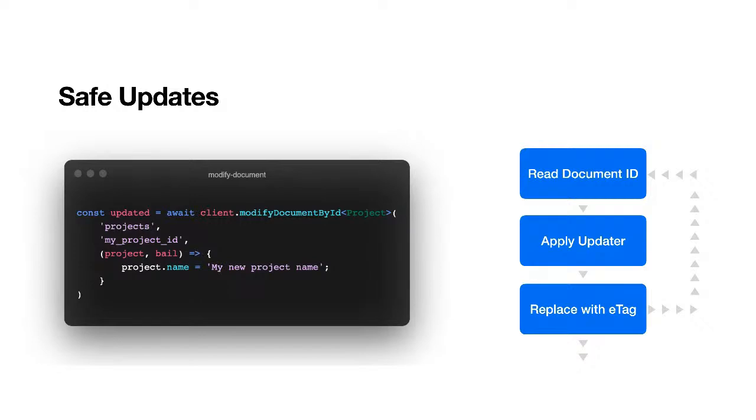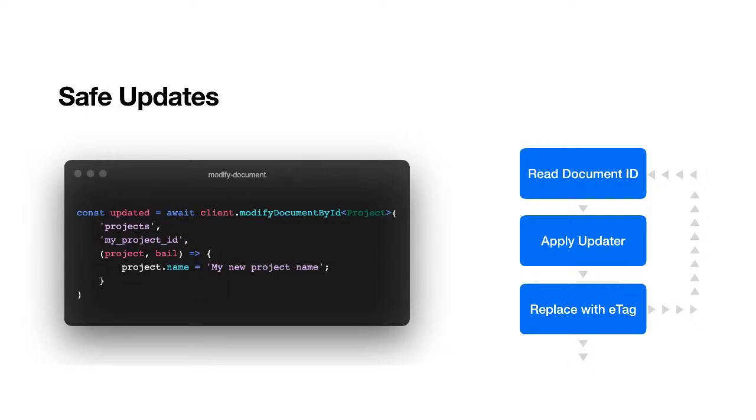Say that you have this scenario where you are reading a document and then you update the document locally and then you push the mutation to the server. The chances that the item was modified by the time you push are very high and can lead to data loss because you are updating stale data into your system.